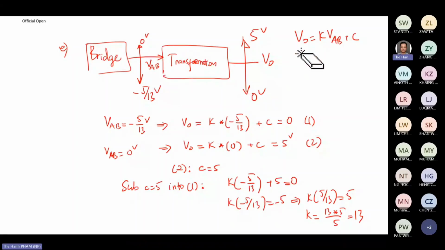Remember y is C. Basically, our output here is VO, so our Y is VO and our X is VAB.